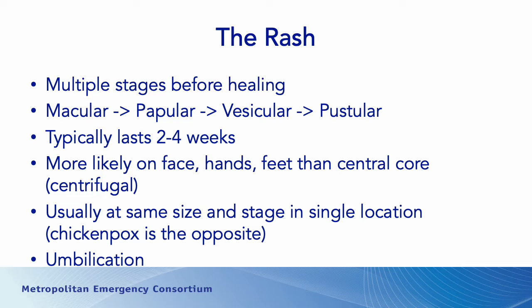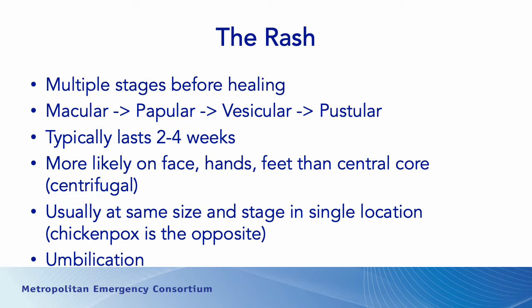Another thing that helps distinguish chickenpox from monkeypox is that with monkeypox, typically all the lesions in one place look to be about the same age. They're in the same course of development. So either it's all macular, or it's all papular, or all vesicular, or pustular. So if you have a rash on your arms, the rash seems to be in the same stage of development across the entire arm.